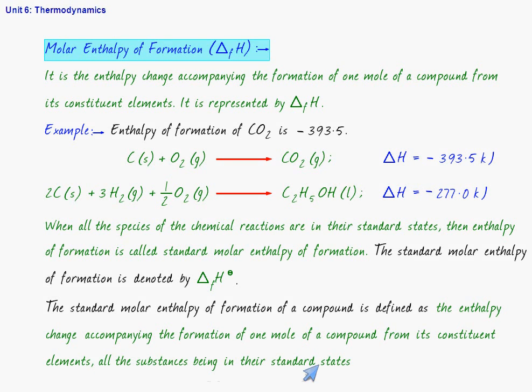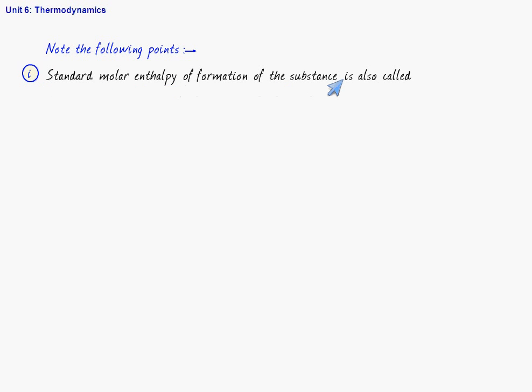Now please note the following points. Number 1, the standard molar enthalpy of formation of a substance is also called standard enthalpy, and it can also be represented by H naught. Second, by convention, standard molar enthalpies of free elements are taken to be 0.